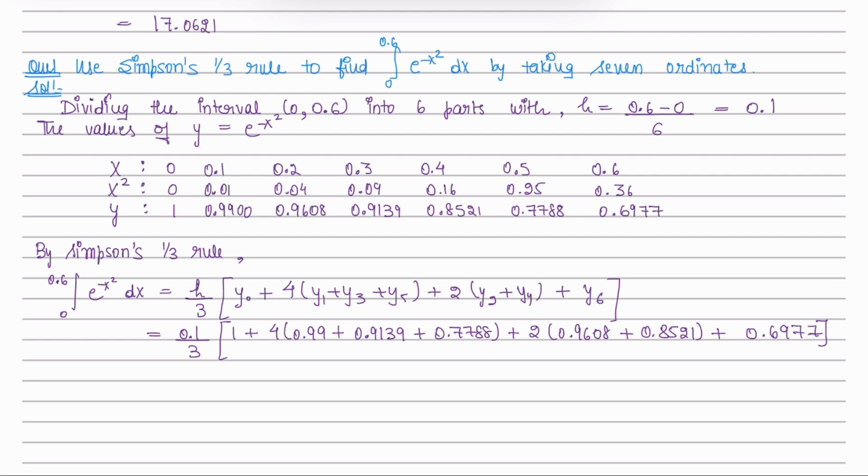Calculating these terms, the final answer will be 0.5351. So I hope you have understood how to solve questions based on the trapezoidal and Simpson's rule.